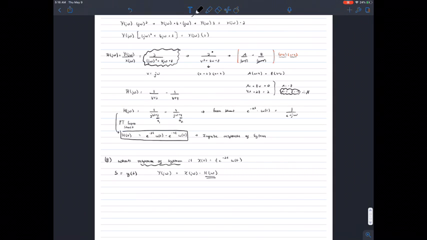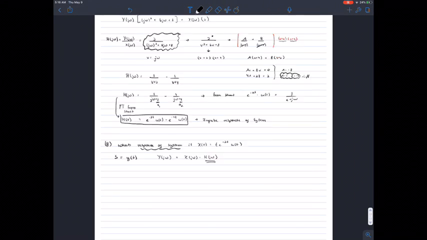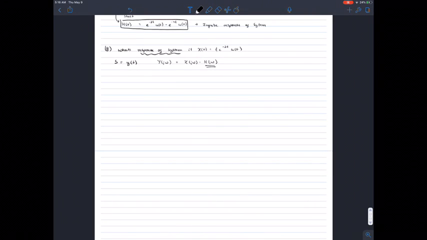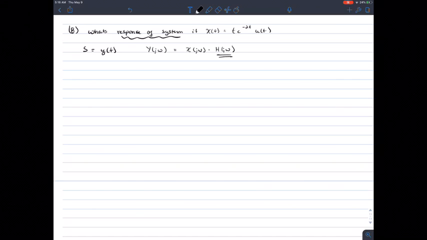Okay? And now we just have to find X of j omega, which can be easily done from the sheet. No work really required. The sheet will tell you everything you need to know.